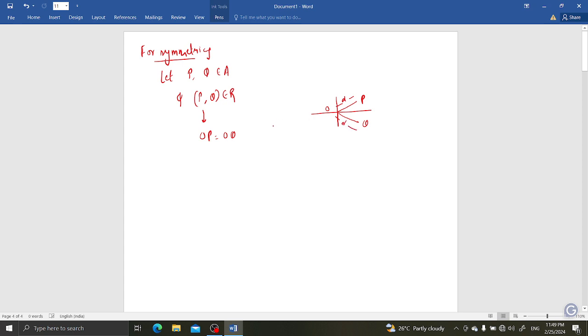That's why OP equals OQ, and hence (P, Q) belongs to R. Now if this happens, then also OQ equals OP, and hence (Q, P) belongs to R. This implies that R is symmetric on A.